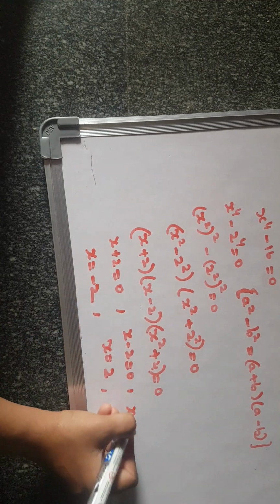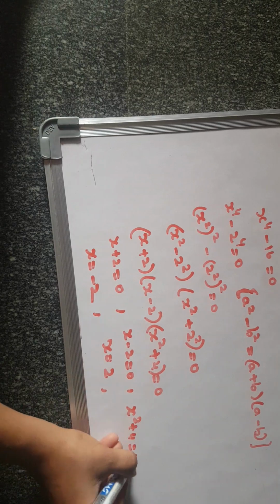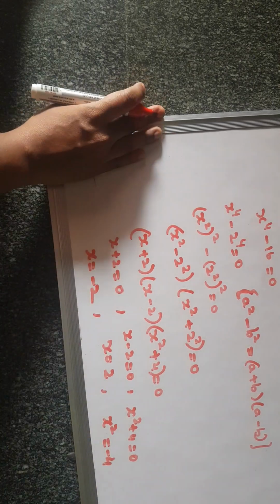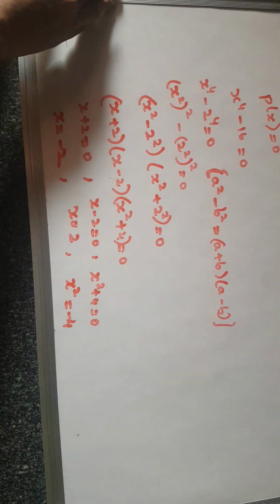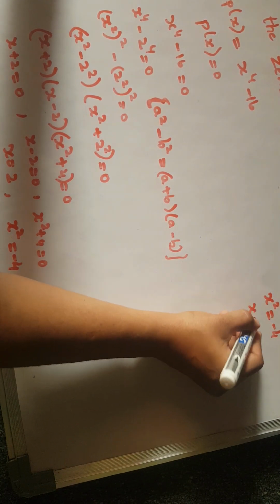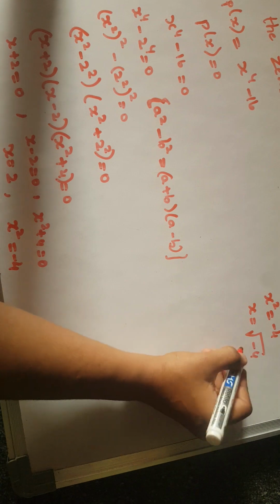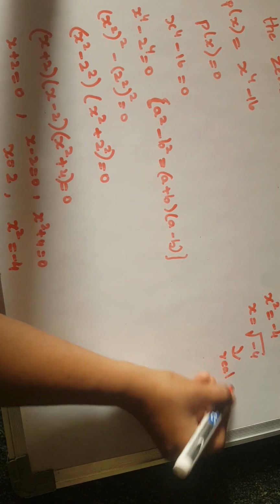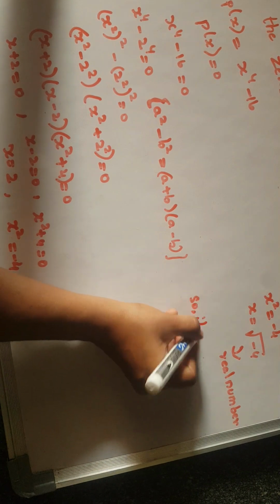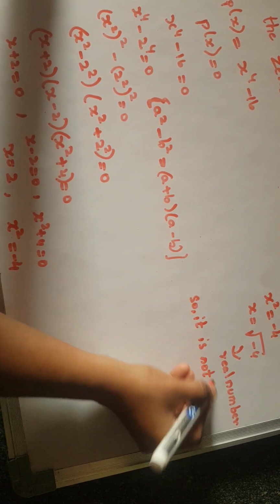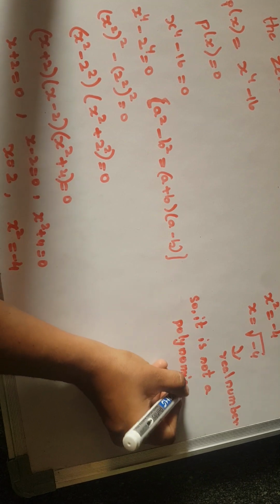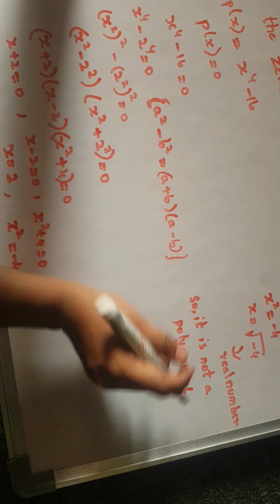And here x square plus 4 equals 0 means x square equals minus 4. What do we have here? X square equals minus 4 means x equals root of minus 4, which is not a real number, so it is not a zero of the polynomial.